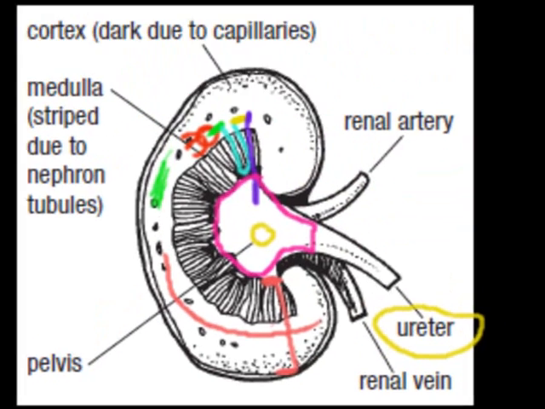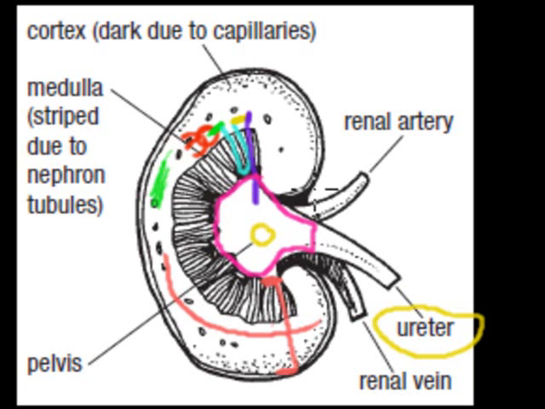So for that dot point, what you need to know is the identified regions involved in excretion of waste product. You need to know where the ureter is, which is right here of the kidney, that part. You need to know where the pelvis is. And it's good to know where the renal artery and the renal vein is. This is where the blood comes in. Remember, artery is A, stands for away from the heart, so this is where it comes in.